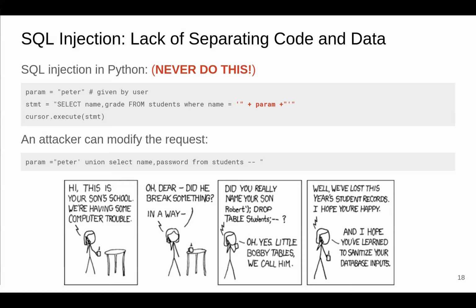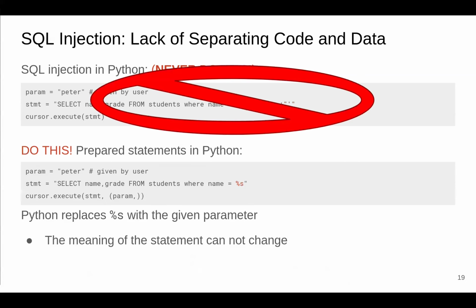But it's still going to be rather buggy because there's issues and there's going to be mismatches between different parts. So the simplest and best possible form is to just use prepared statements. So we're going to turn this into select name, grade from students where name is %s. You know printf, right? In C programming.